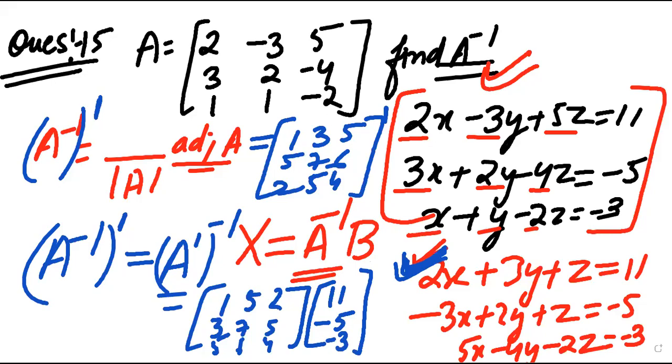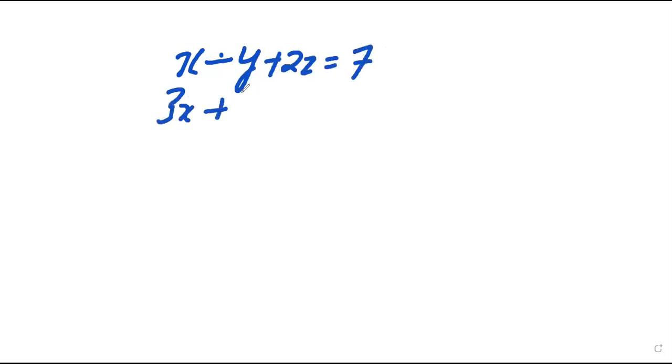Okay, repeat. Listen student, look beta, I have a matrix, I am taking any one of it. Let x minus y plus 2z equal to 7. Another one 3x plus 4y minus 5z equal to minus 5.